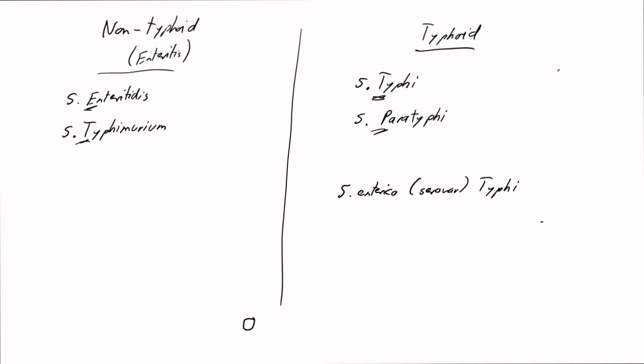Then we have the H antigen, for German Hauch, which means the flagellum. And within Salmonella, we don't have a K for capsule, but we have Vi for capsule, virulence capsule. This Vi antigen is only found within serovars of the typhoid group.